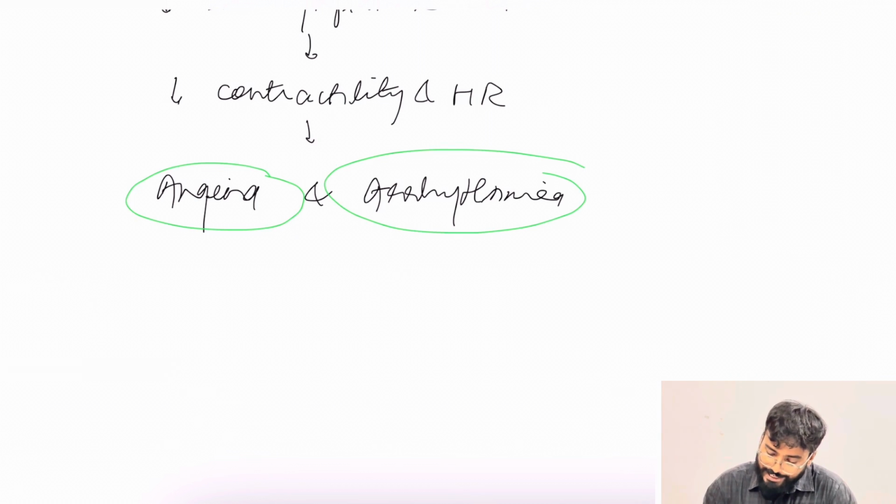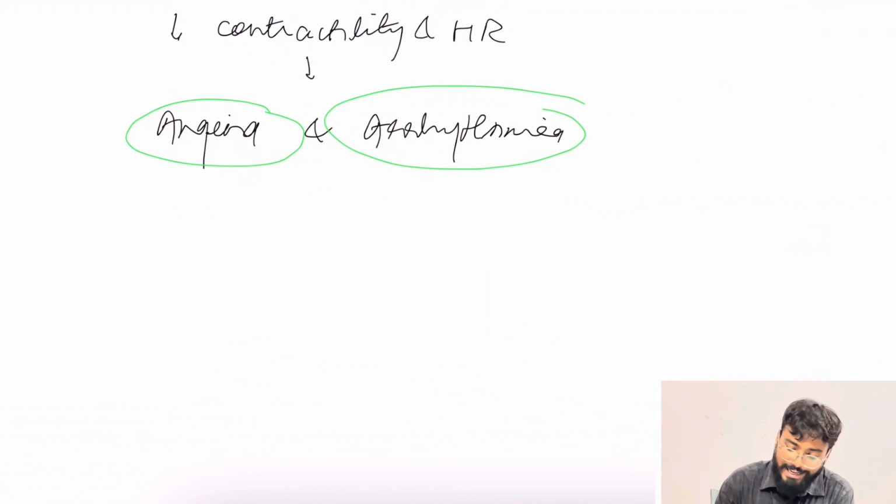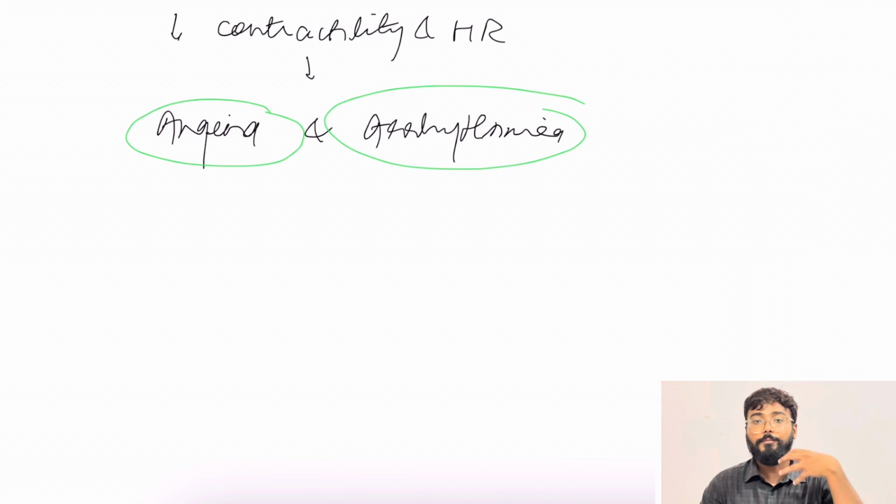So why in angina do we need to block your calcium channels? Because in angina there is blockage. This is in case of coronary artery disease, there is blockage in one or some of your coronary arteries. So there is decreased oxygen supply to the particular part of the heart which is supplied by that particular coronary artery.